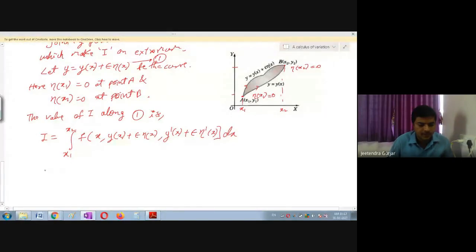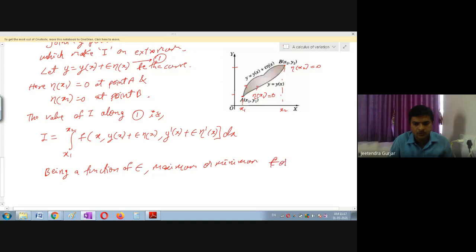So as I is a function of epsilon, the maximum or minimum value we have seen occurs when epsilon becomes 0.